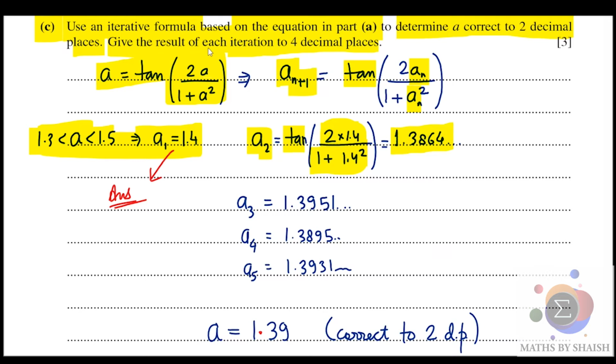Since they have asked to write the iterations to 4 decimal places, we are not going to round it. Whatever we see till 4 decimal places, we'll write here. So again, by just pressing the equal key, we'll get the third iteration 1.3951, fourth iteration 1.3895, fifth iteration 1.3931. And from here, if we see the pattern, we can see we got the answer correct to 2 decimal places, it is going to be 1.39.